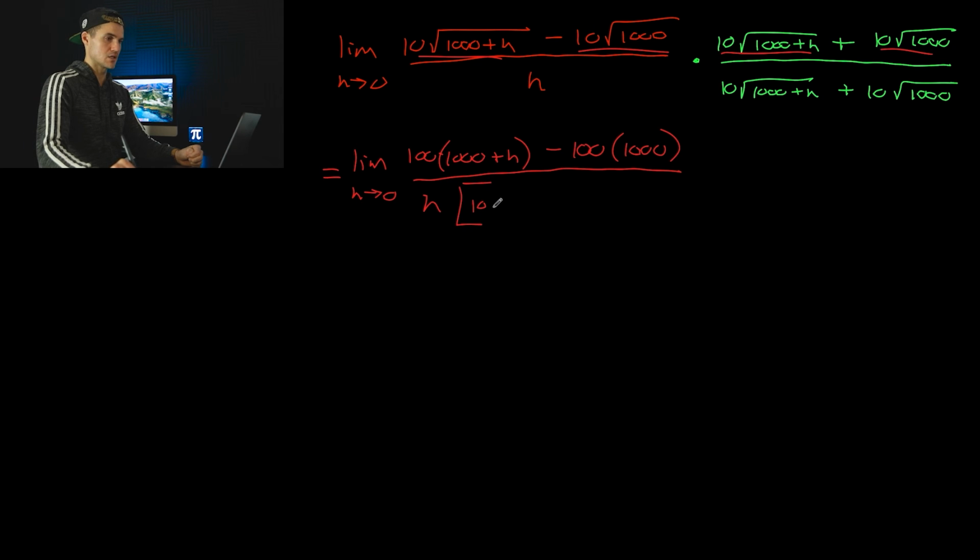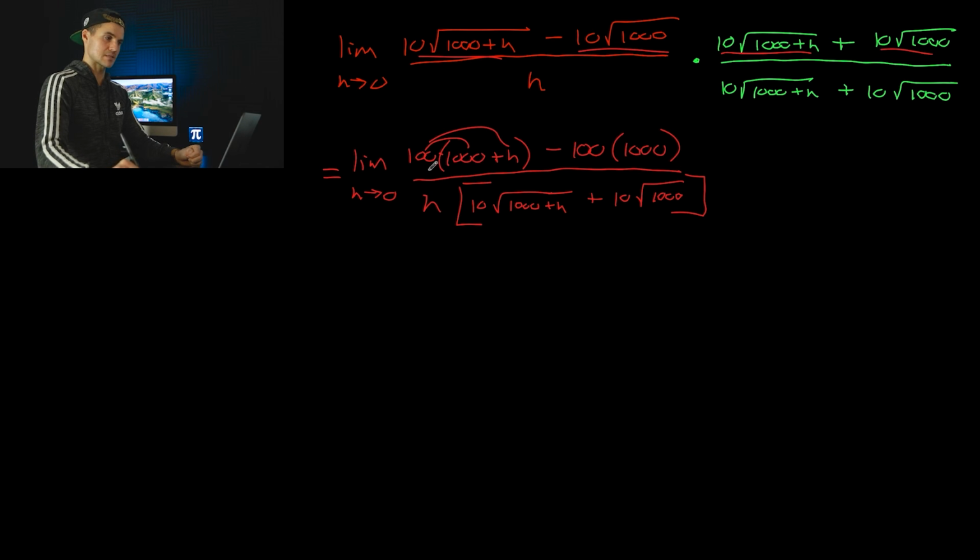So 10 root 1,000 plus h plus 10 root 1,000, like that. Okay, so let's see what happens when I distribute the 100 inside the bracket.